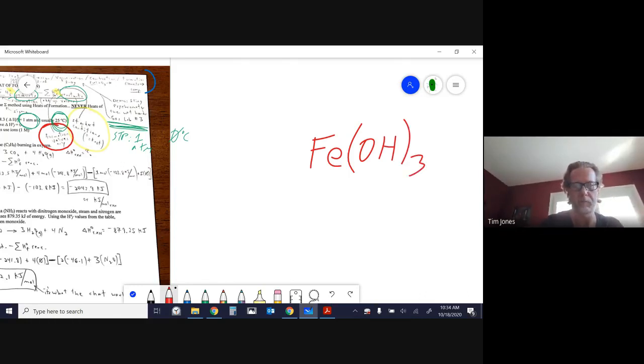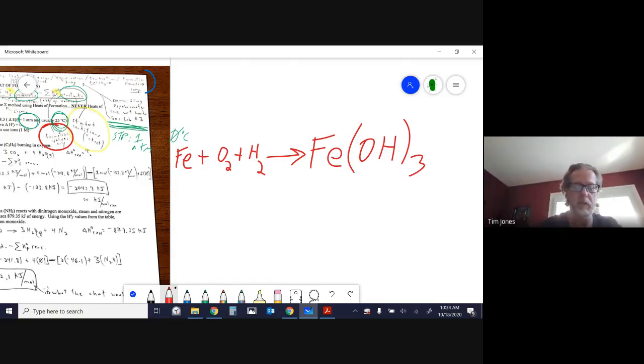We're going to form it, so it's got to be a product. You have to form it from its elements. So the elements would be iron, oxygen, which is diatomic, and hydrogen, which is diatomic. Notice you must use diatomics and elements. You can't use polyatomic ions. And you would balance it so that it matches.